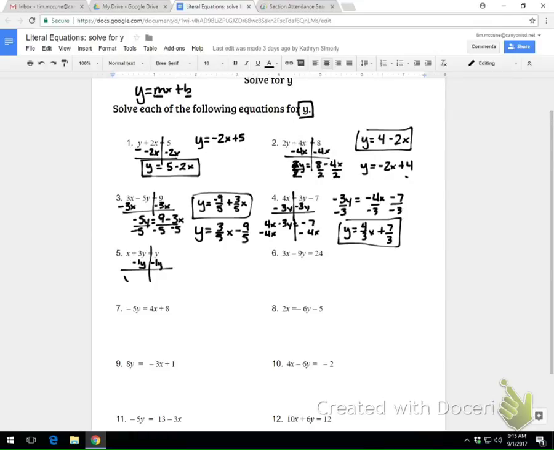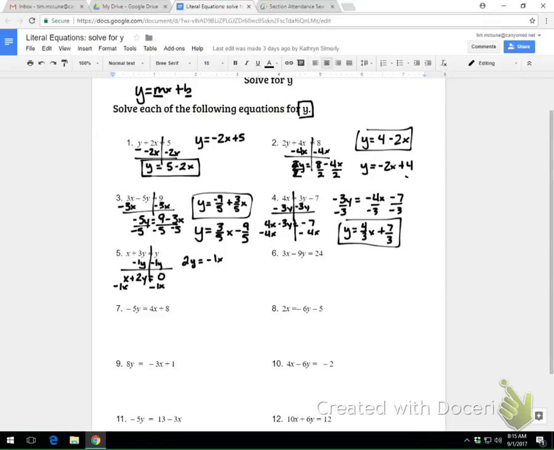That gives me x plus 2y, because I can do 3y minus 1y, right? Equals what? 0. Because they cancel, right? Now what do you want to move? The x. So I'm going to subtract 1x from each side. So I get 2y equals negative 1x.